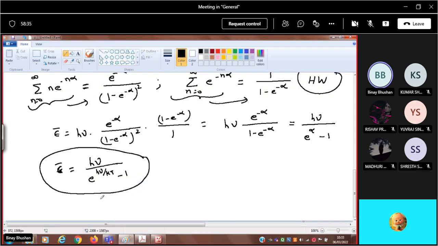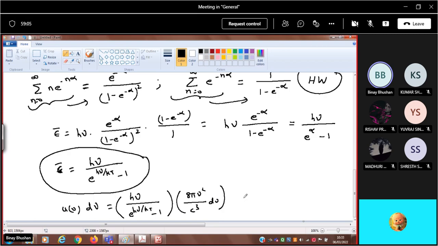That we have got. So what will be the spectral energy density now? That will be equal to the average energy of an oscillator, h nu divided by e to the power h nu by kT minus 1, into the number of standing waves per unit volume in the frequency range nu and nu plus d nu.